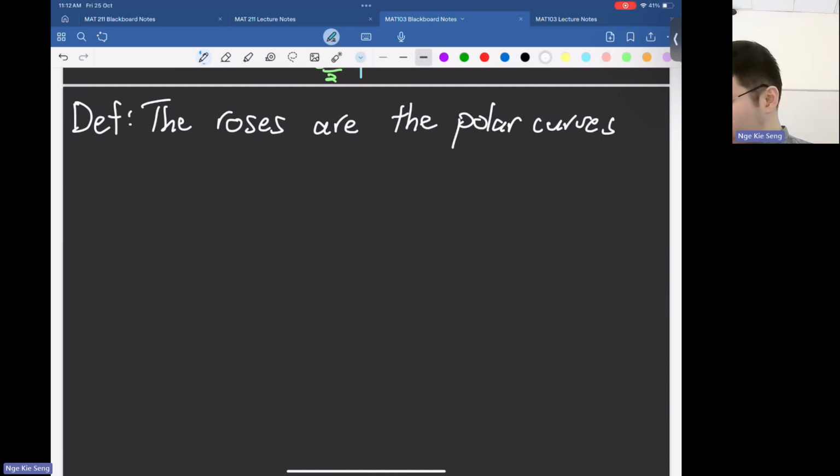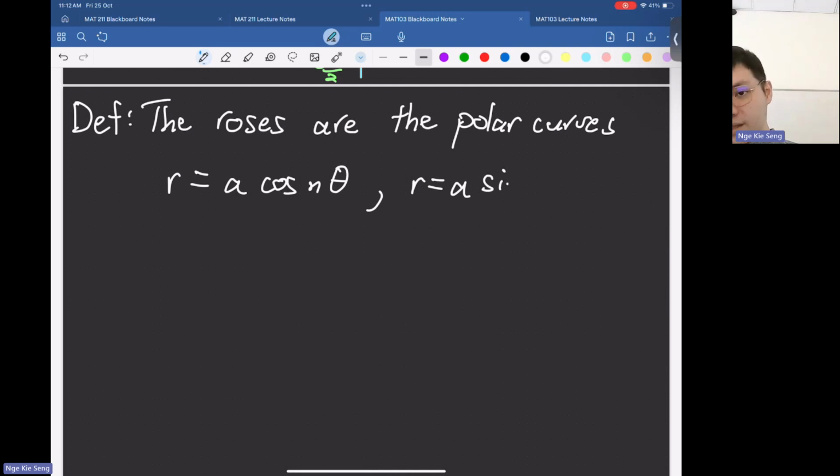So what are these polar curves? These are r equals a cos n theta. Okay, like what I told you, we make this time faster. But in this case, the shape will change.